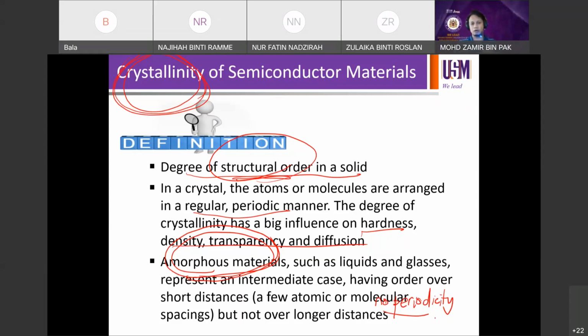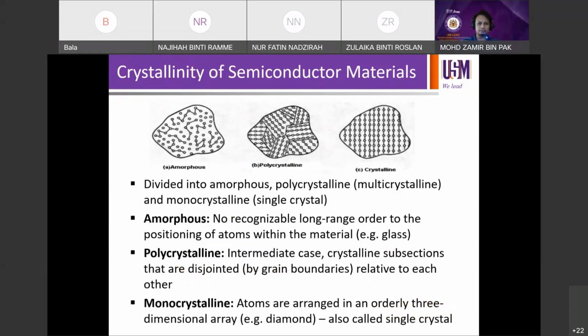And therefore, they are called amorphous materials because there is no periodicity in the atom's arrangement. So you can see here from the tree, the first one is amorphous. No recognizable long-range order to the position of an atom within the material. So there's no specific arrangement that you can tell.